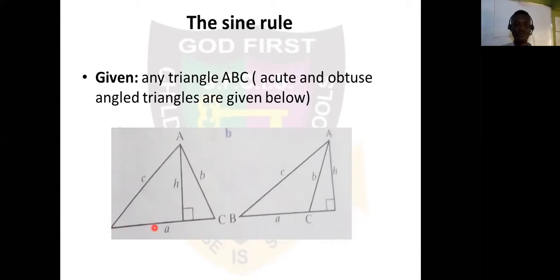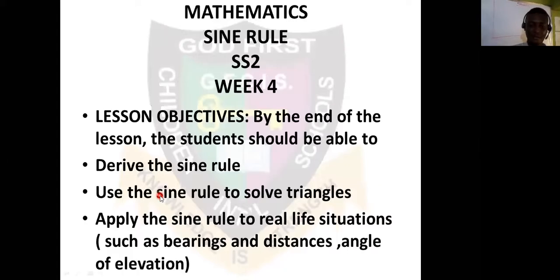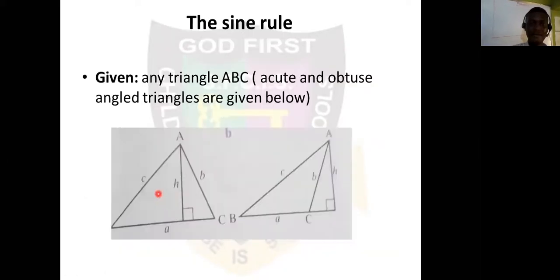Another thing you should understand when we are dealing with sine rule or cosine rule, which we will treat later, in triangles the angles are capitalized. That means they are in capital letter. So this capital letter A represents this angle, capital letter B represents this angle, capital letter C represents this angle. The sides are represented by small letters.